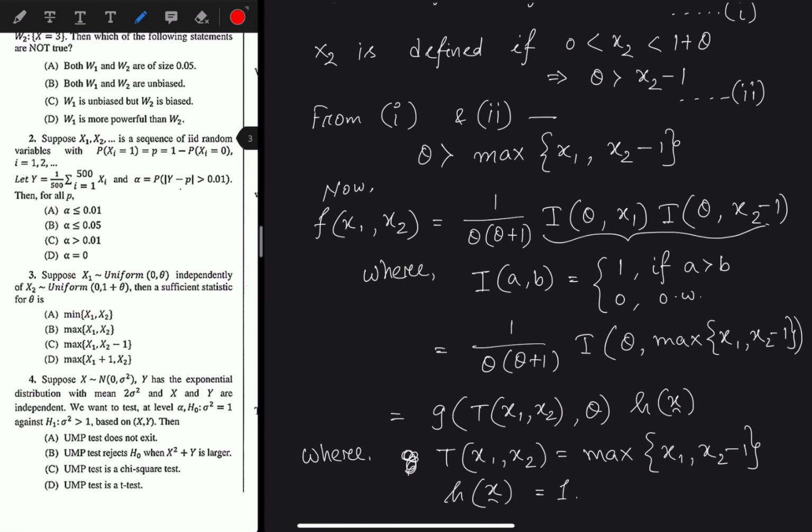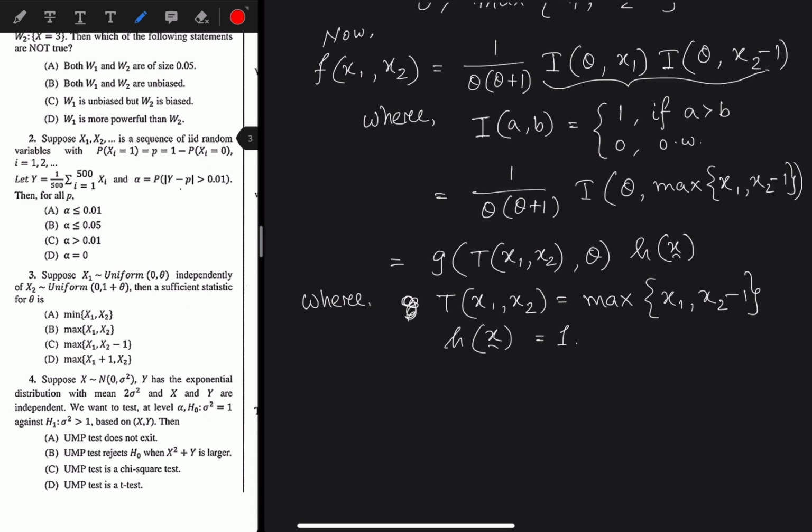So we can say that t of x1 x2, which is max of x1 comma x2 minus 1, will be a sufficient statistic for theta. So option C is the correct option, as in option C we are given the maximum of x1 and x2 minus 1. So hence t equal to max of x1 and x2 minus 1 is sufficient.